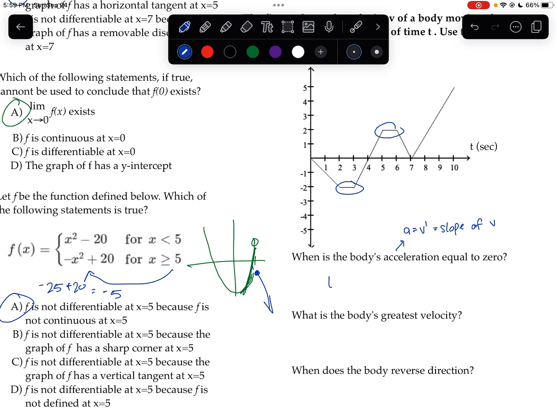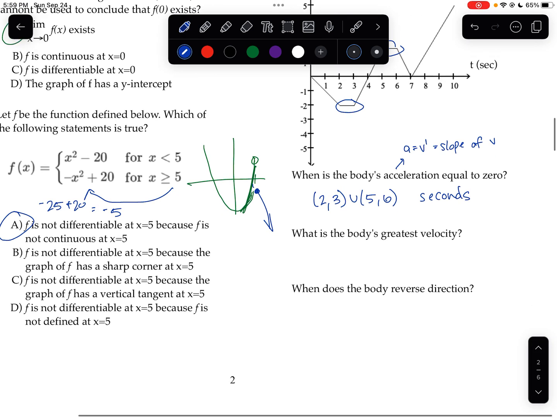You can write it as an inequality if you want. You can write it as an interval. So you could write it, let's say 2 to 3, and it looks like it's 5 to 6 seconds.